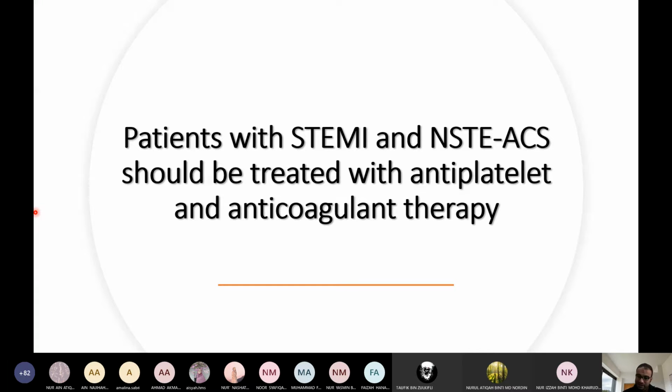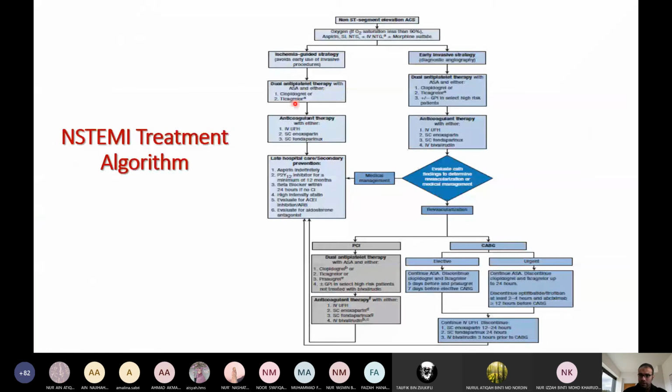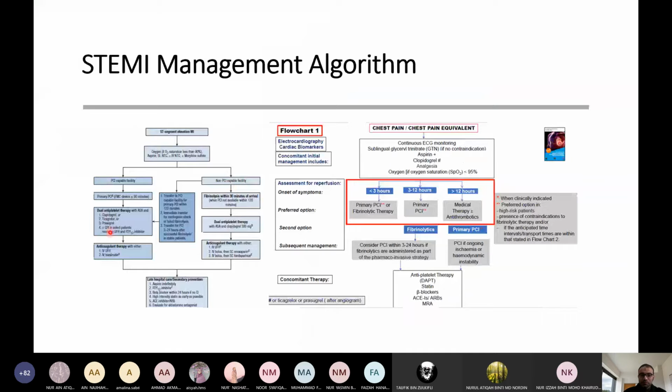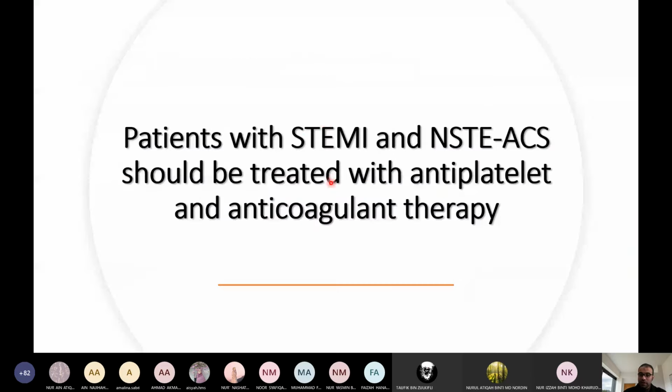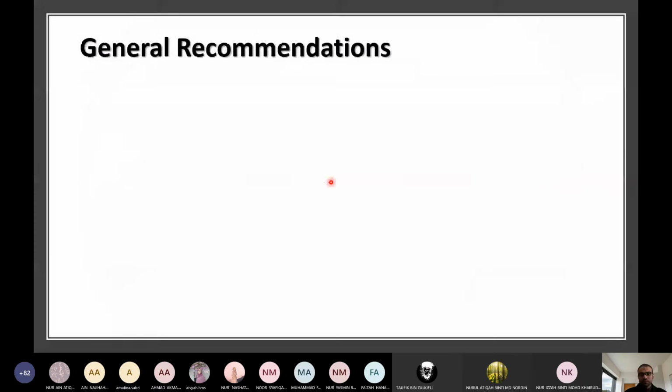This is the shared recommendation, and this statement should not be strange, because you can see here the antiplatelet and anticoagulant in both domains for non-STEMI, and in both pathways for the STEMI. So this statement should make sense now.